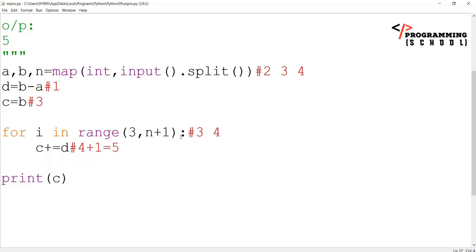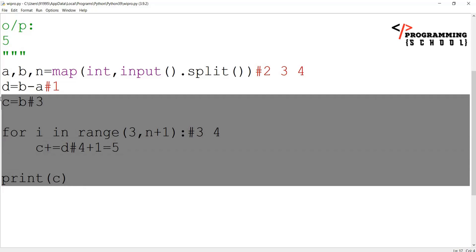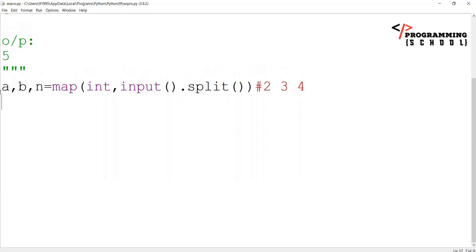And in the second way, I know the two values, and I have a formula. This is an arithmetic progression, right? The initial value is A plus, for the nth term I want to find, n minus 1 into D, where D is equal to B minus A. That's it.